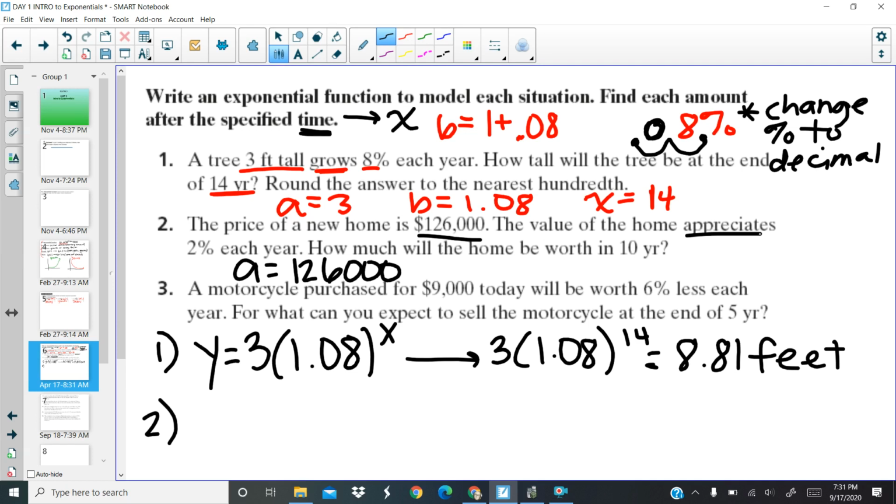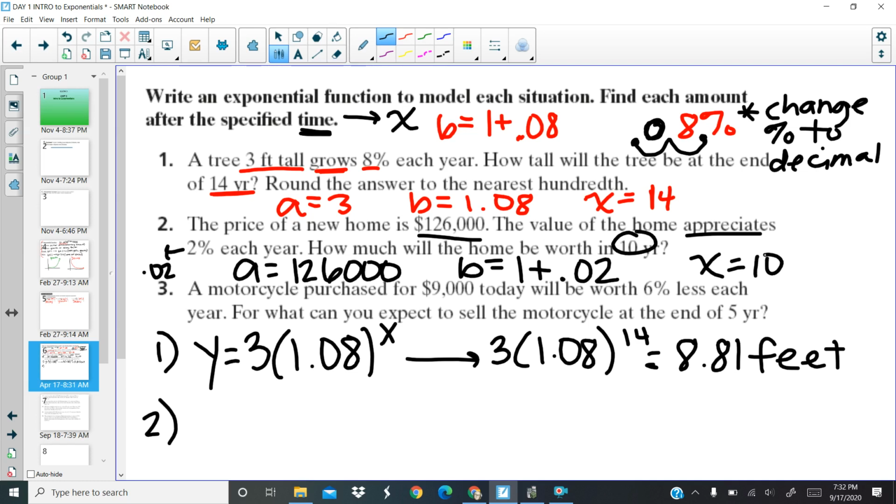So the value of the home appreciates 2% each year. That means B is going to be 1 plus, and then 2% is going to change to 0.02. So 1 plus 0.02. And then the time, or the X value that we're going to be using, is how much will a home be worth in 10 years.